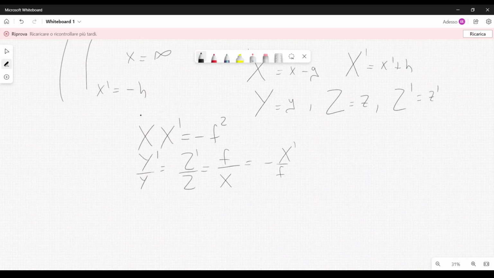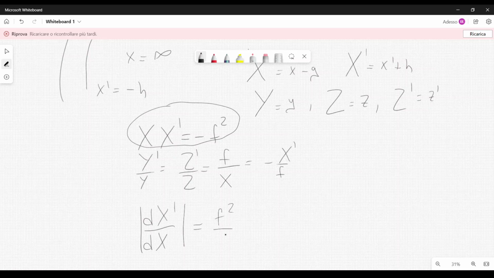So from this equation, we can write the differential of x prime with respect to the differential of x. This is simply equal to f squared over x squared, and it is also equal to y prime over y squared. From this, we see that even for an infinitely small object, it is not possible to obtain a geometrically similar image. The longitudinal magnification is never equal to the transverse, except in the trivial case of identical imaging.